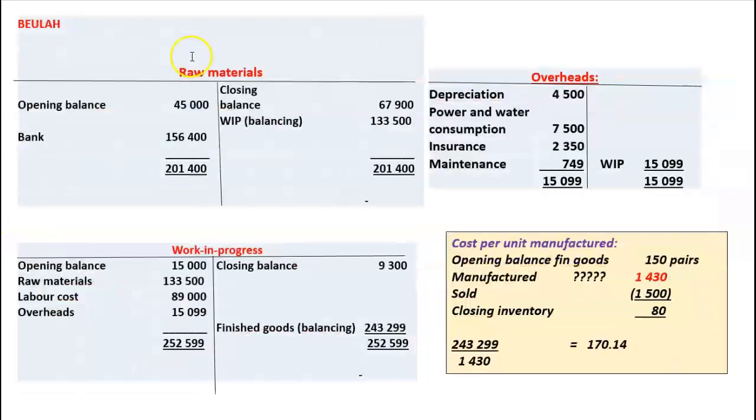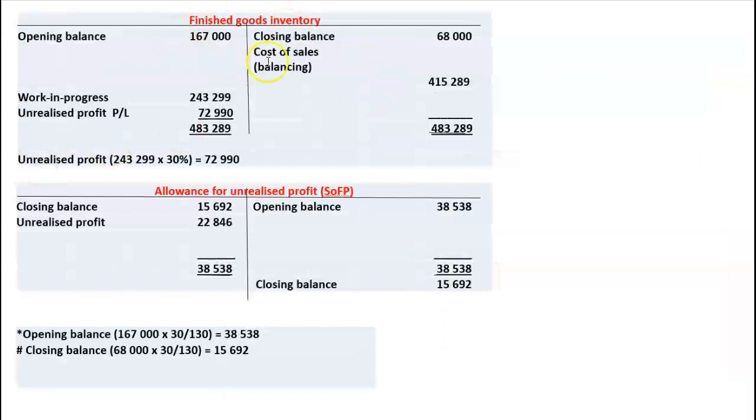Right, coming back to our finished goods. We've already established that once the item reaches the sales department, it reaches the sales department with a bumped up price. Included in that cost price will be a 30% unrealized profit amount as well.